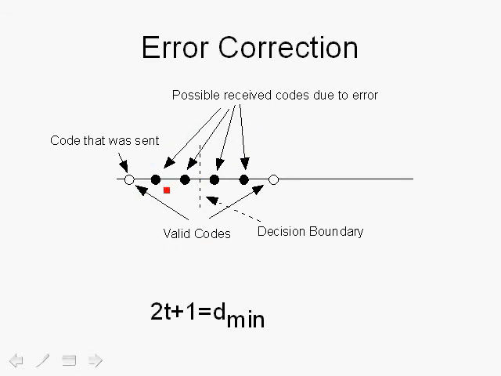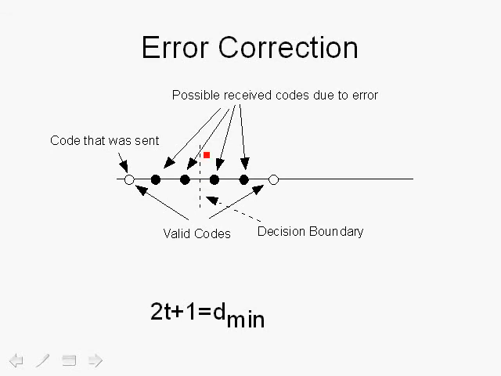We look at the possible received codes due to errors, and we look at the valid codes. Then if the distance between the valid codes is large, then we can possibly decode the received codes in such a way as to actually correct them. And this is shown over here.